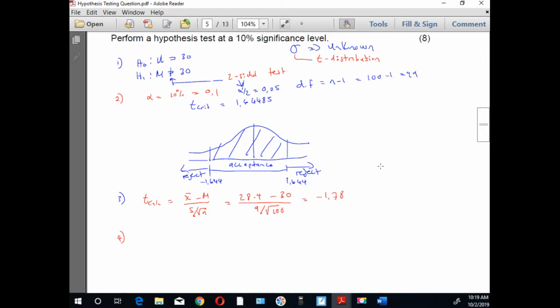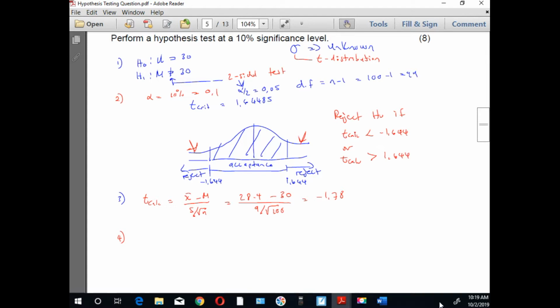On our decision rule, we can either represent it with a diagram like this alone, or we can add to say reject H0 if t-calc is less than negative 1.644 or t-calc is greater than 1.644.